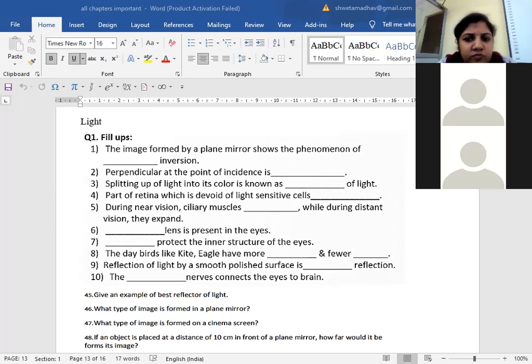First answer? Lateral inversion. Lateral inversion, right?